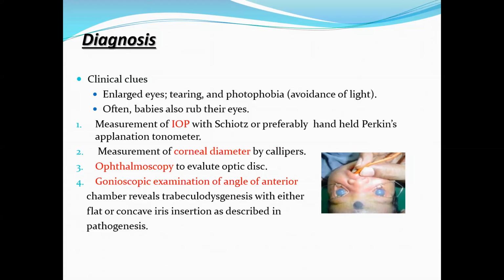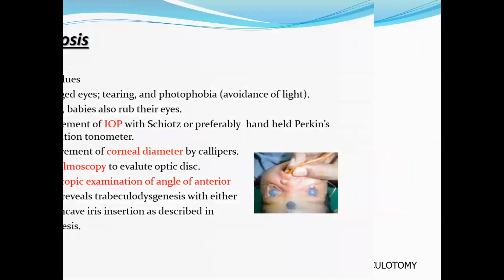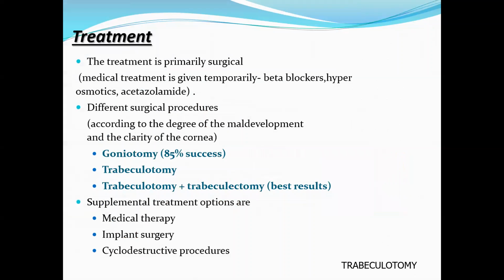Often babies also rub their eyes. Measurement of intraocular pressure, ophthalmoscopic and gonioscopic examination, corneal diameter. And treatment of congenital glaucoma is goniotomy, trabeculotomy, or it may be trabeculotomy and trabeculectomy.